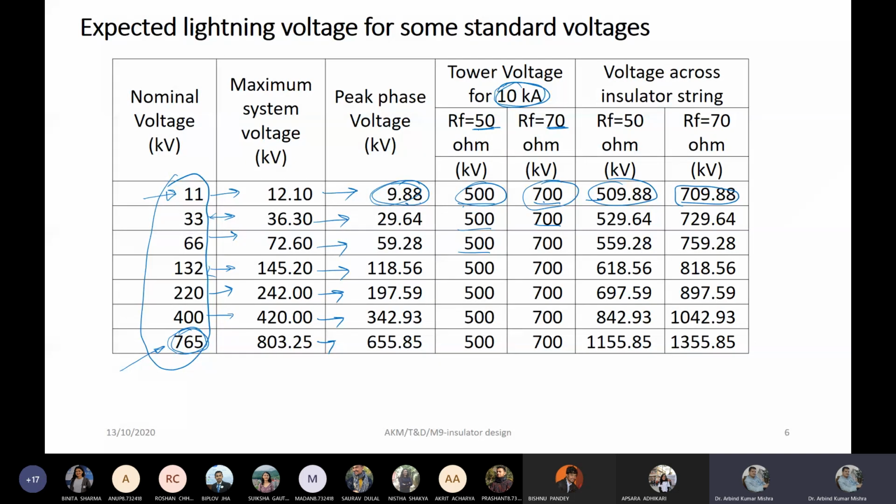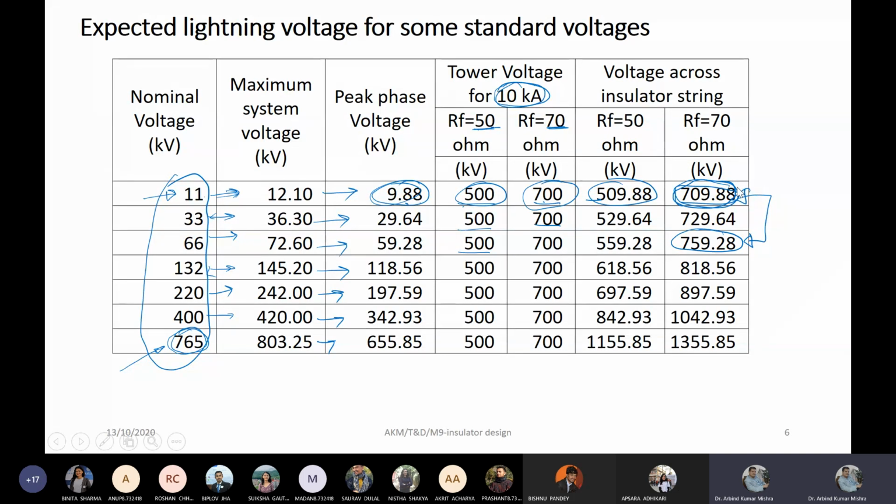Roughly, we considered that if we go from V to 2V, the insulation cost will almost double. But if you look at this table, you can see that for 11 kV you need, say, 709, and for 66 kV only this. So there is a marginal difference between these two.